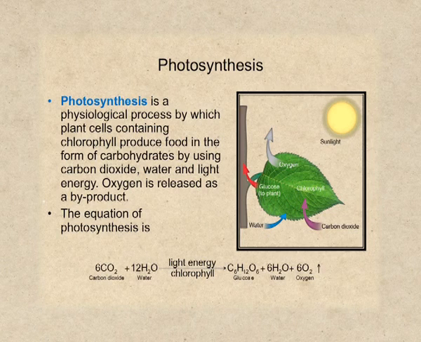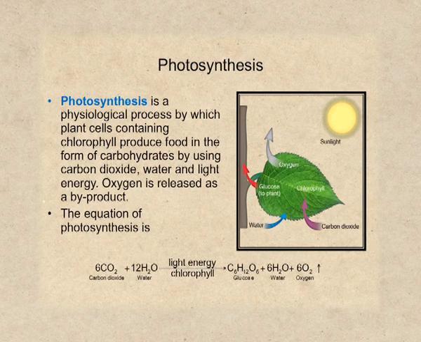You can see the chemical equation on the screen. 6 molecules of carbon dioxide and 12 molecules of water in the presence of light energy and chlorophyll produce 1 molecule of glucose, which is a carbohydrate, 6 molecules of water and 6 molecules of oxygen.